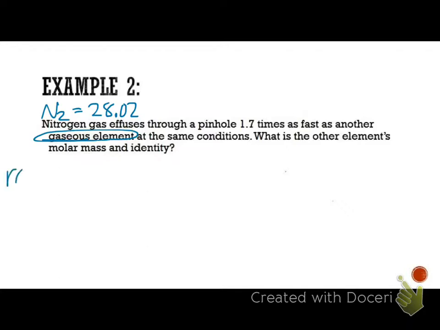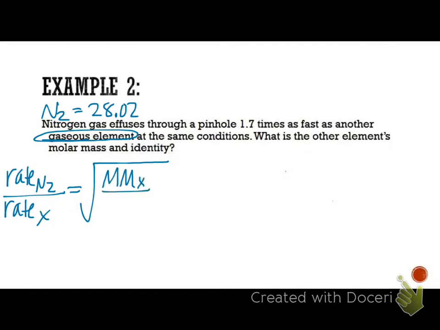We're going to say rate of nitrogen over the rate of X, because we don't know what it is, equals the square root of the molar mass of X over 28.02. It tells us in the problem that that was what? So that's all equal to 1.7, right? Which is this value right here.